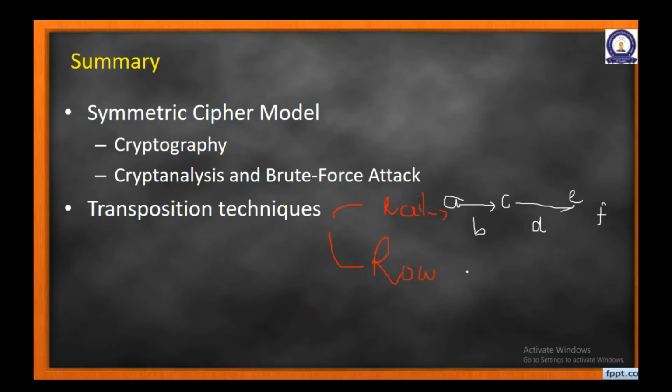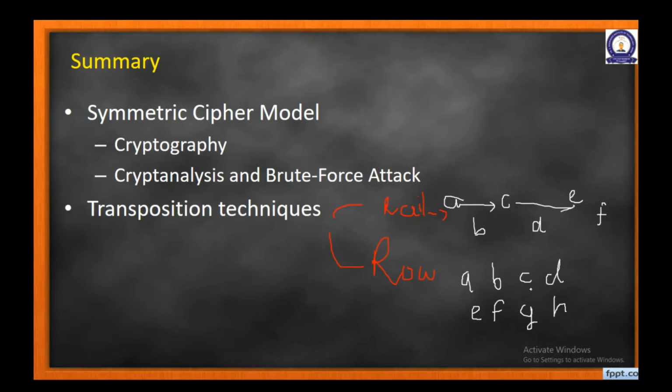When I'm talking about the row transposition, here I will write the plain text in a single row, and the columns will be decided by the key. Suppose whichever number is maximum in the key, say I write 2 3 4 5, so 5 is the maximum number, so I should write this plain text in columns of 5.